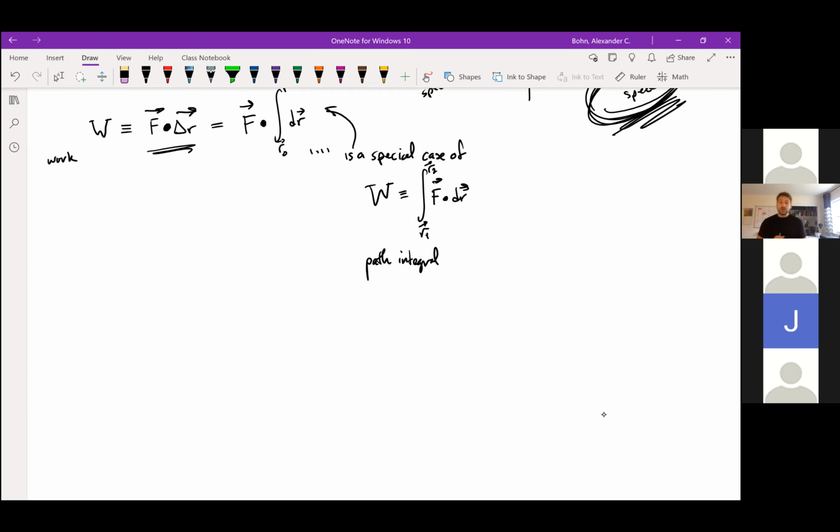All right, so what are the consequences of this definition that we've got? Suppose the force that we ask about is not just any force, but is the net force.